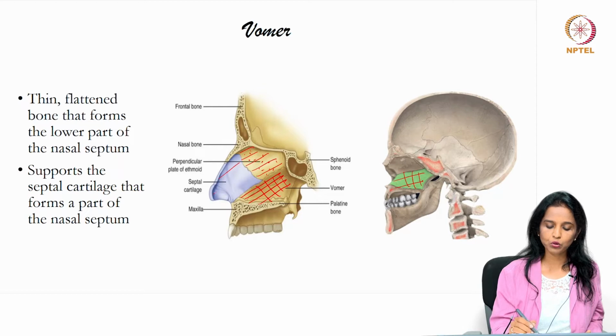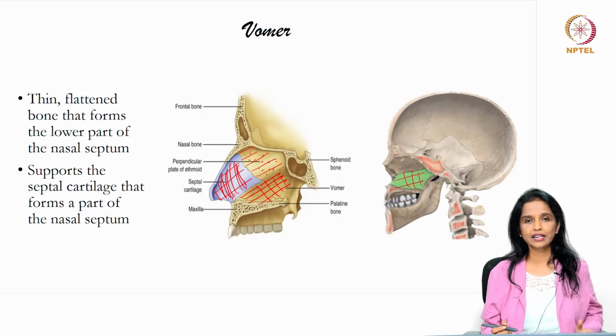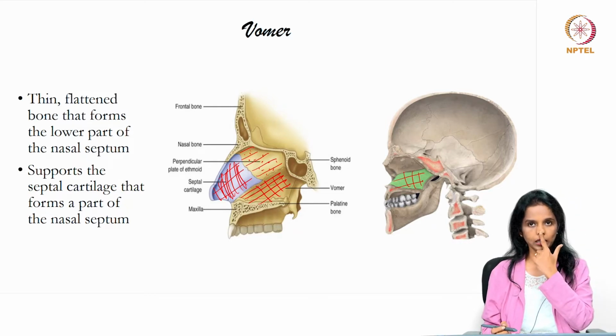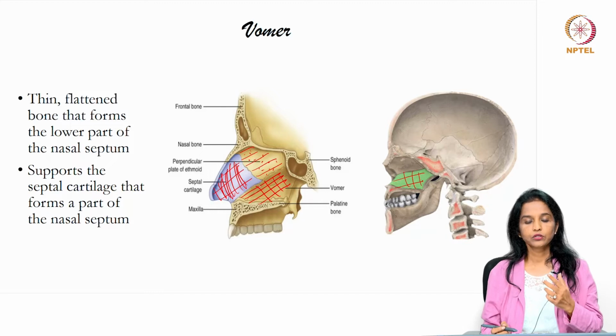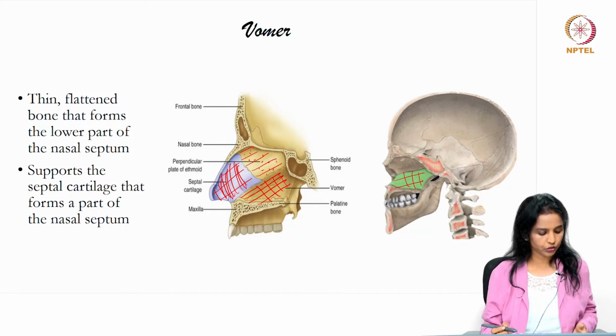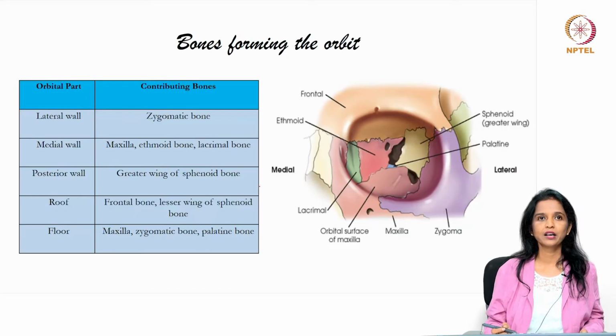You can see the blue shaded area. That is your septal cartilage, this region. We know that this is only cartilage, so it is supported by 2 bony processes. One is your vomer and the other is the perpendicular plate of the ethmoidal bone.